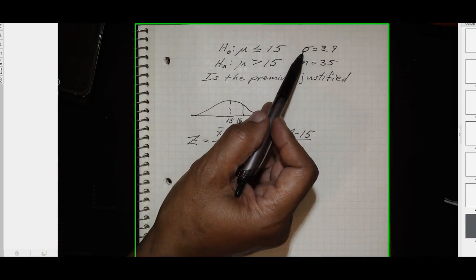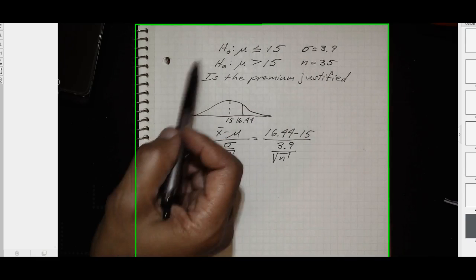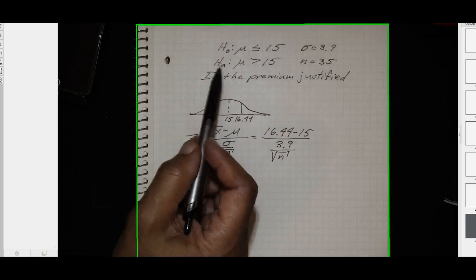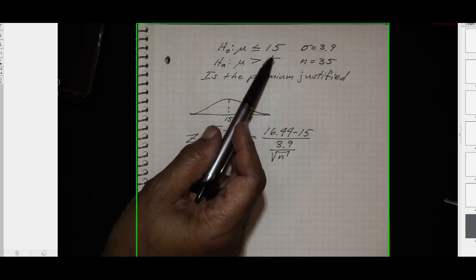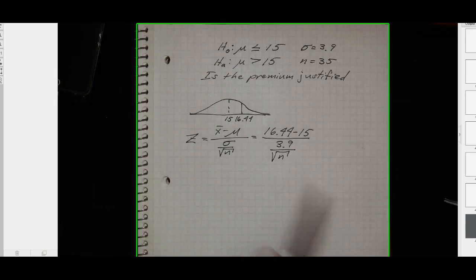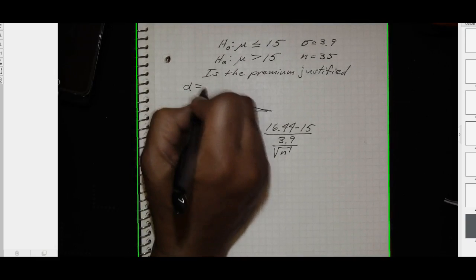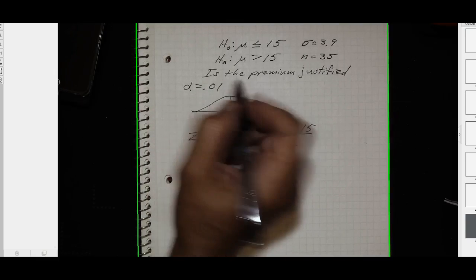Again, population standard deviation 3.9, sample size 35. The question is the premium justified? The premium is justified if we can reject the null hypothesis and accept the alternative hypothesis. And we were also told that alpha is equal to 0.01.